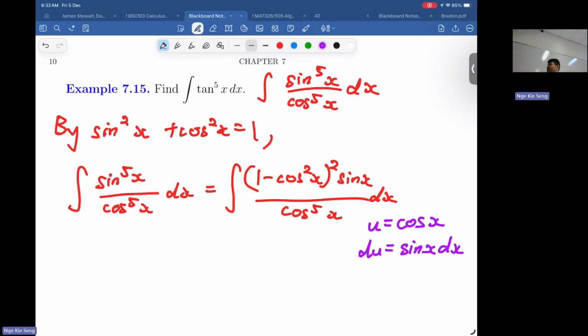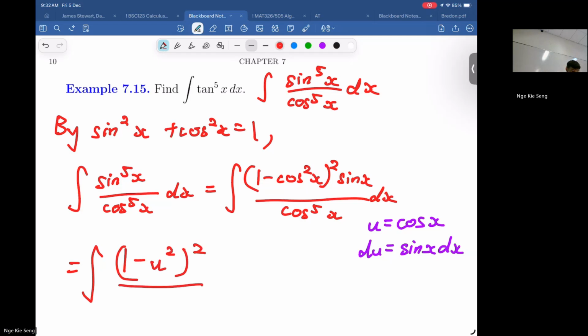So if sine x is around, then our substitution will work. This is a very perfect situation to use substitution. So if we do the substitution rule, we get 1 minus u squared, everything squared, over u to the power 5. And then sine x dx becomes du.